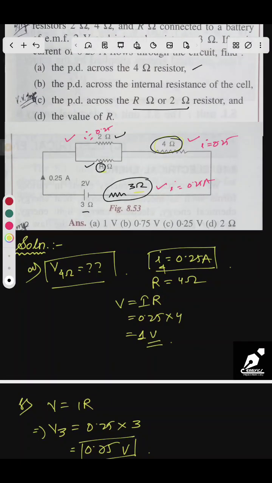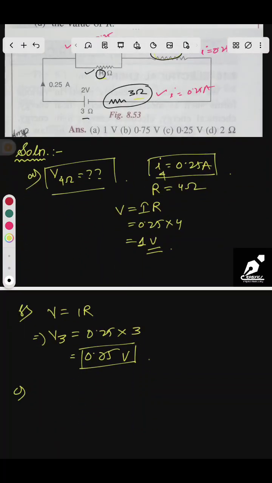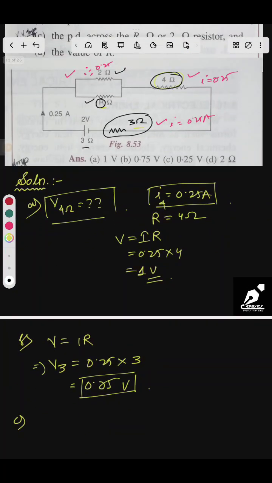Now the student has marked this one as very important. Let us see. Find the potential difference across the... Let me draw the diagram here again. It will be easier to understand.